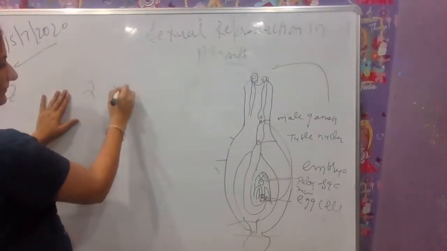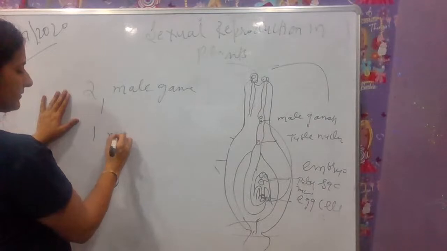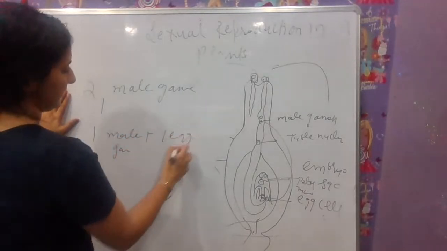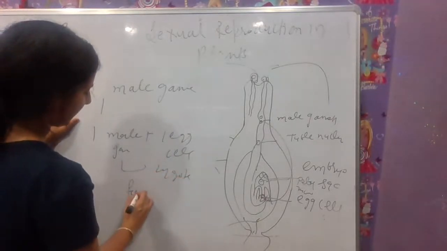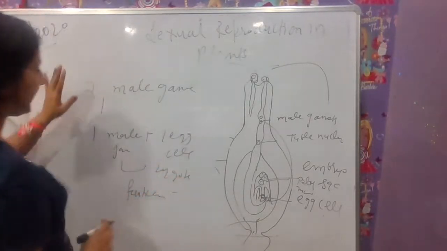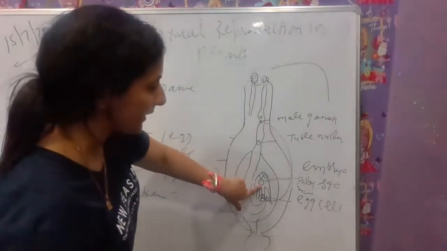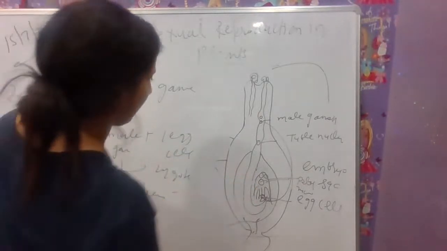After this, next is two male gametes. One male gamete fuses with one egg cell. It will produce zygote. This is called fertilization. But one male gamete is left, and polar nuclei are also left.